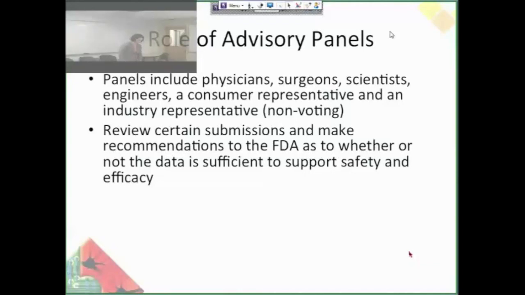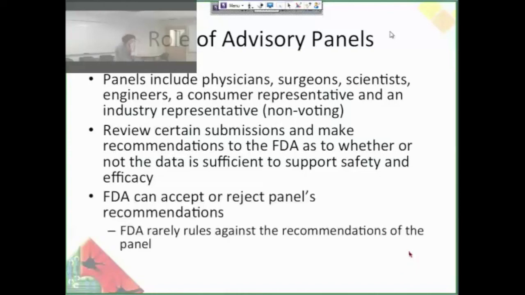The FDA makes a distinction about whether or not that means a recommendation that you should approve or not approve a device. But in essence, the FDA can accept or reject the panel's recommendation, but that rarely happens that they go against what the panel says. It does happen, and it's happened recently, but usually the FDA accepts the panel's recommendations.